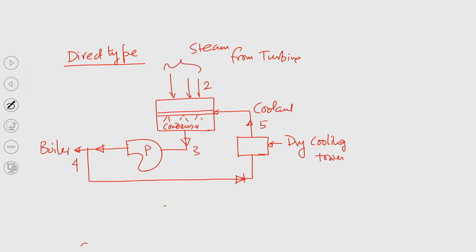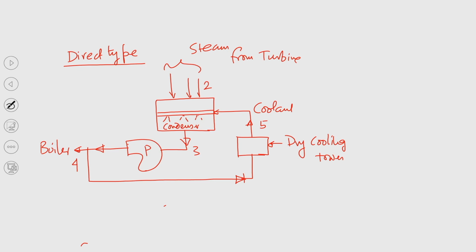Okay. So, as I told you, the amount of condensate collected is higher than the mass flow rate of the working substance for the cycle. As a result, the amount of condensate that will be allowed to go back to the boiler is the mass flow rate of the working substance. Okay.